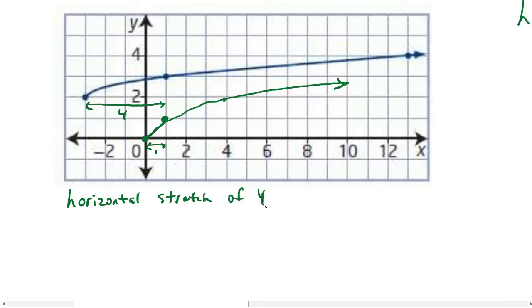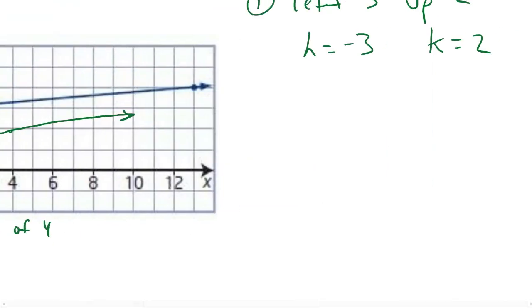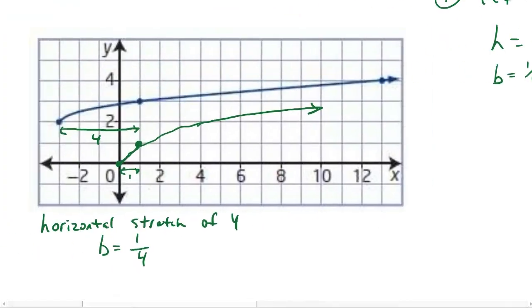So how do you have a horizontal stretch of 4? In other words, all the x values have been multiplied by 4. That tells me then my b has to be equal to 1 over 4 because it's always the reciprocal. Does that make sense? So in other words, now I know that b is going to be equal to 1/4. And what about my a value?